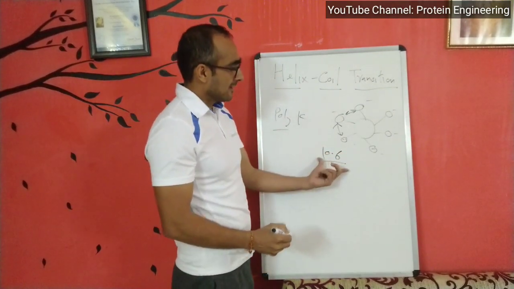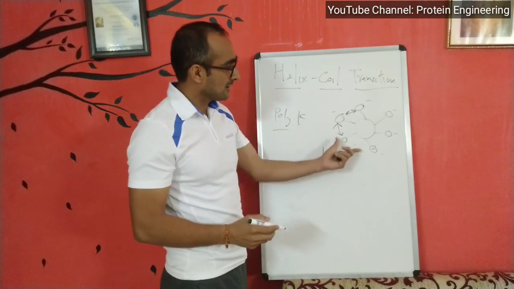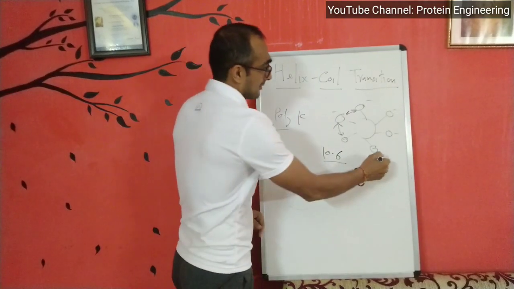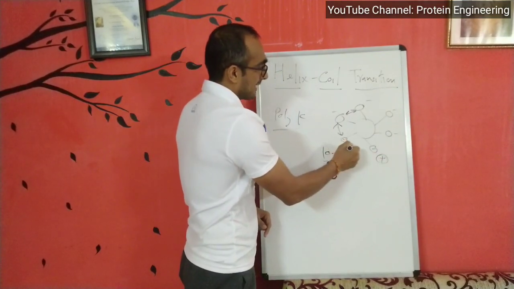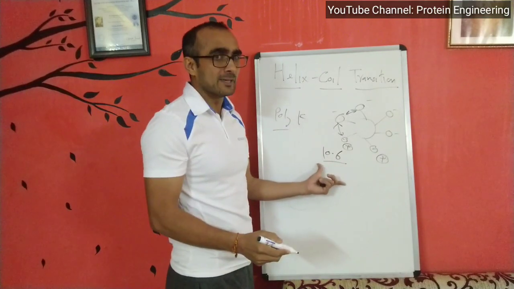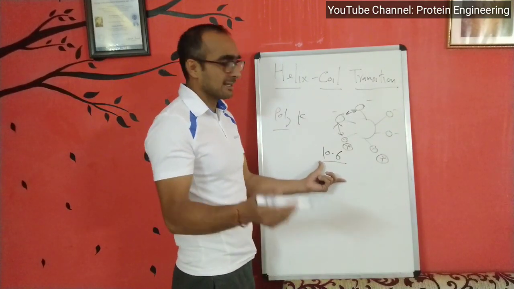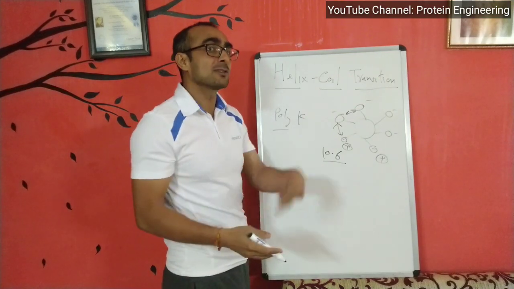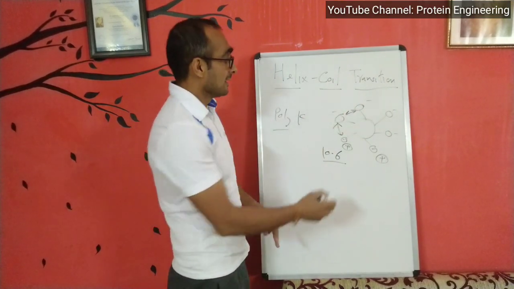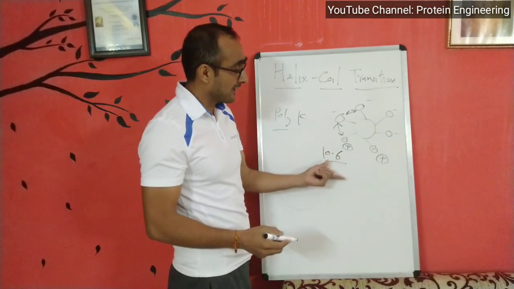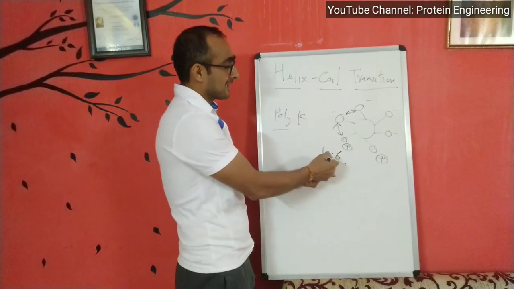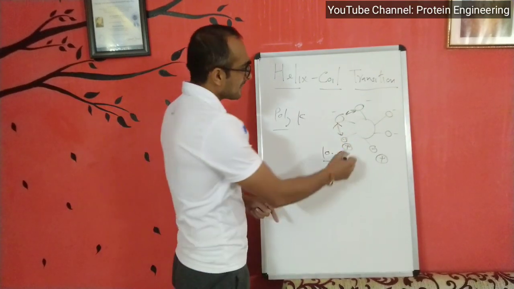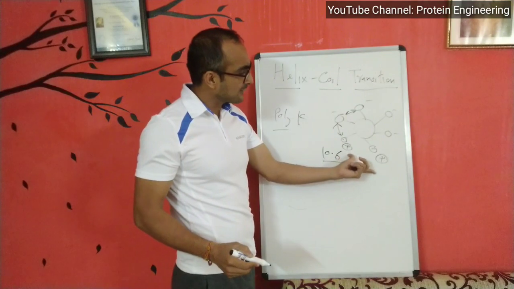So up to pH 10.6, the lysine side chain will have a positive charge, because for an amino group we know the rule: if you have pH lower than the pK value, there is protonation; if you increase pH more than the pK value, there is deprotonation. So the lysine side chain amino group has a pK value of 10.6. It means at less than pH 10.6, if you keep polylysine helix, the side chain will have a positive charge.